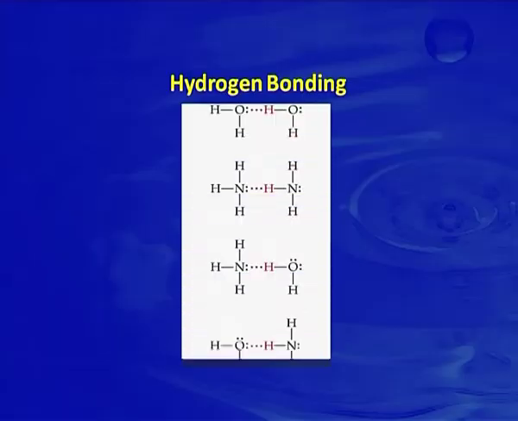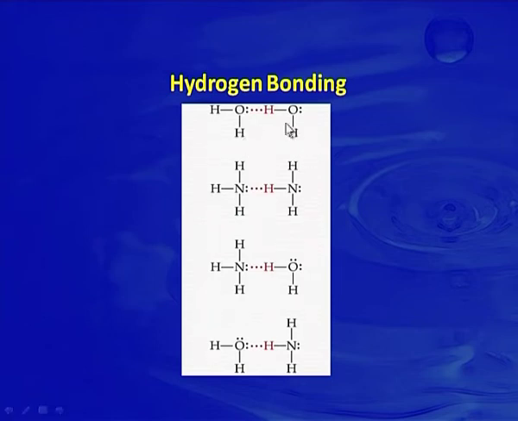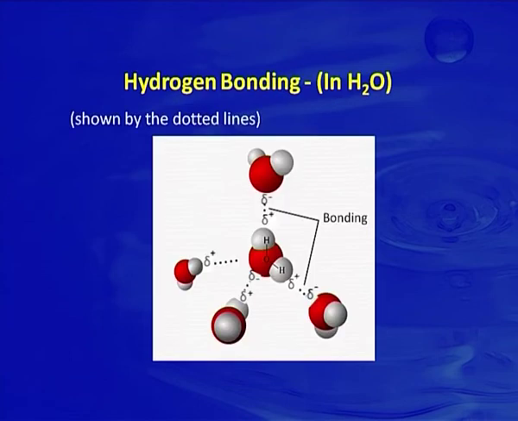Here is the diagram which shows the hydrogen bonding between two molecules of water, and hydrogen bonding in ammonia and ammonia molecules, ammonia and water molecules, and ammonia in water molecules. Here is the hydrogen bonding in H2O. This is a three-dimensional structure of H2O which shows the hydrogen bonding by the dotted lines.